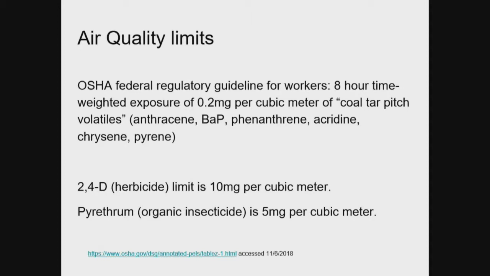That goes back to where they were being produced in coal refining systems. They had an 8-hour time-weighted exposure of 0.2 milligrams per cubic meter of air. If you look at 2,4-D, a common herbicide, its limit is as high as 10, and pyrethrum, an organic insecticide, is 5. So you can see these are fairly toxic relative to those two other kinds of chemicals.